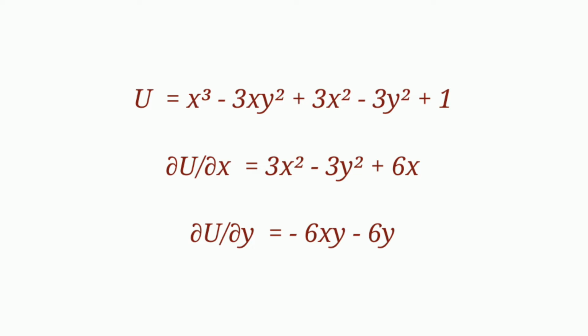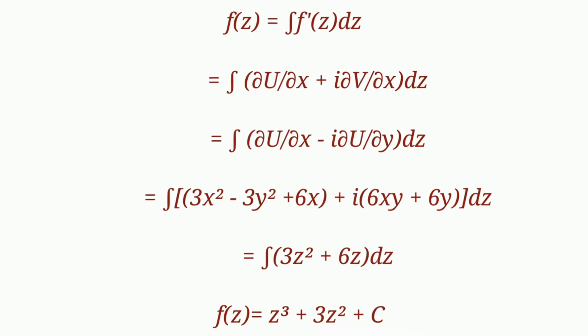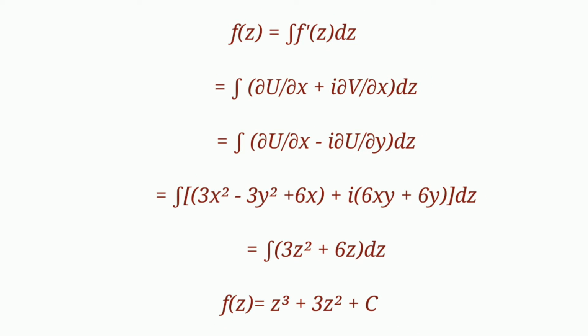We have f(z) equal to the integral of f'(z) dz, that is the integral of ∂u/∂x plus i ∂v/∂x into dz. By applying Cauchy-Riemann equations, we can replace ∂v/∂x by minus ∂u/∂y. So the integral of ∂u/∂x minus i ∂u/∂y dz.